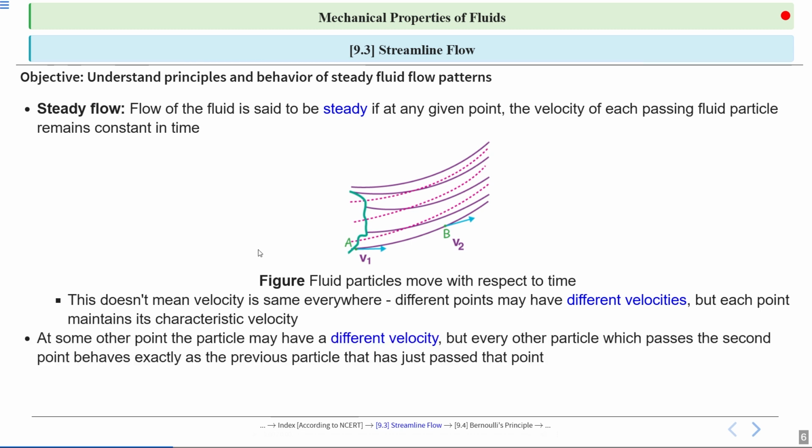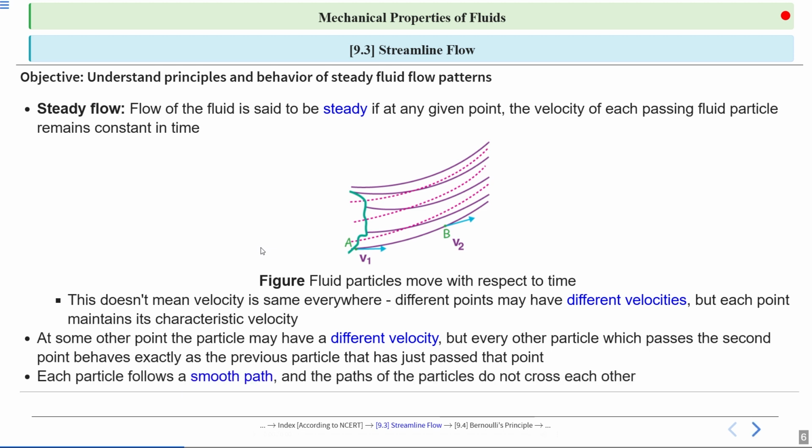At another point in the fluid, a particle might have a different velocity, but every particle that passes through that point will behave in exactly the same way as the previous one. This means the flow pattern is consistent and predictable at every location.